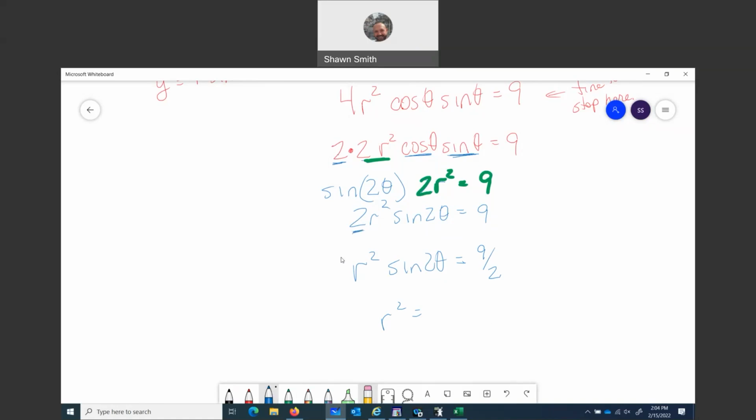So I'm going to divide by the 2 and the sine 2 theta. So that's 9 divided by 2 sine 2 theta, instead of getting that complex fraction. Take the square root of both sides. That gives me r. Good enough. It's just mechanics from here.